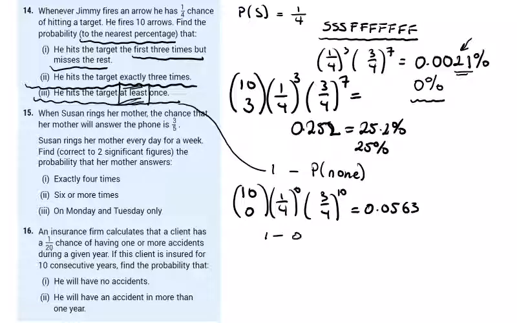So 1 minus 0.0563 gives 0.9437, so 94% in percentage terms.